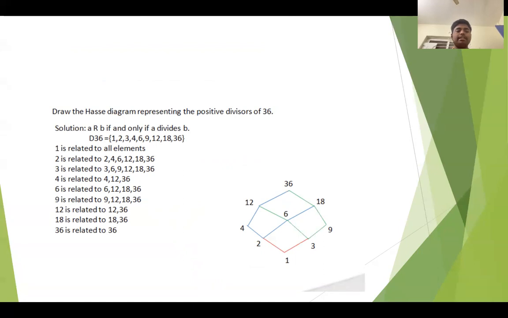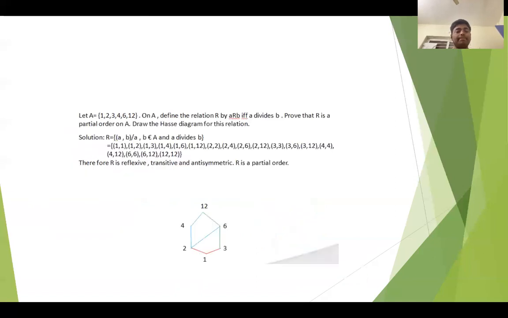The divisors of 36 are 1, 2, 3, 4, 6, 9, 12, 18, 36. Here we can see 1 is related to all elements. 2 is related to 2, 4, 6, 12, 18, 36. So we can see the Hasse diagram for the given question.